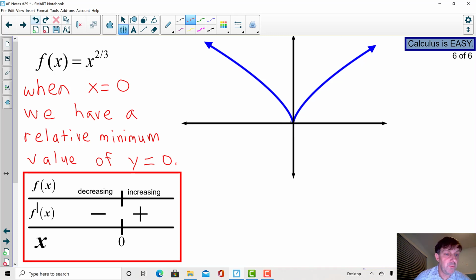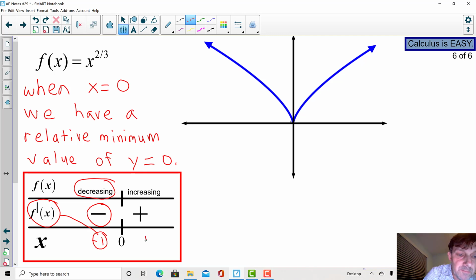But just to review what we're doing here, we're looking for our critical number, and that's where your first derivative is either 0 or undefined. Then we're plugging in numbers into our derivative. We're going to choose numbers just to the left of 0, could be -1. Plug it into your derivative and see if you get positive or negative. When you get a negative for your derivative, it means your original function is decreasing.